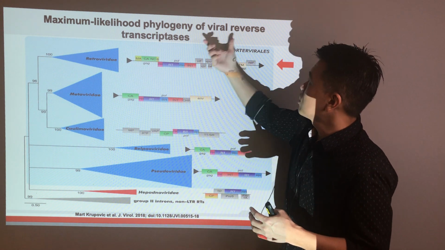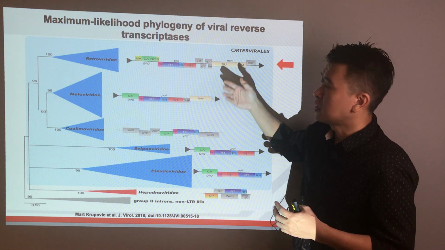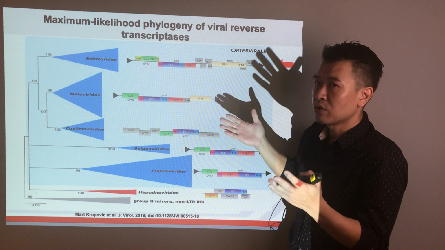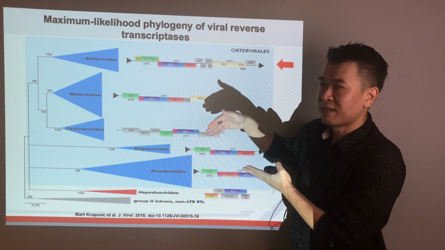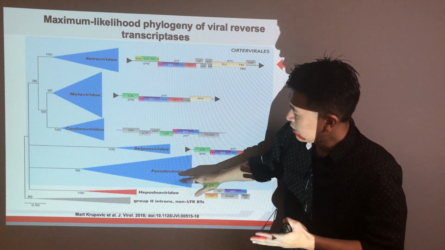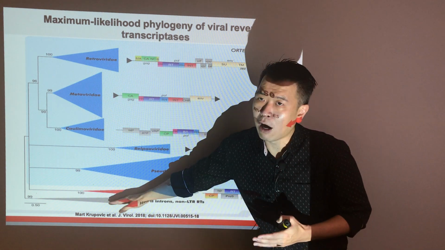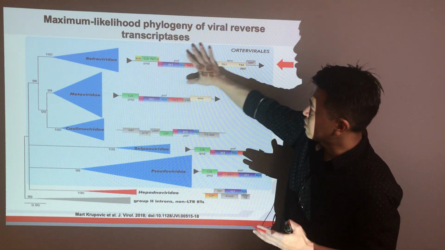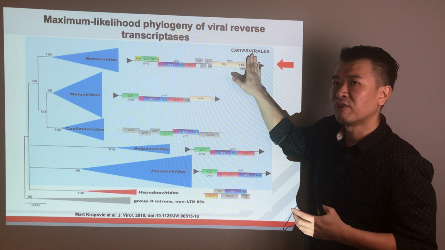So the scientists use the sequence of this enzyme, the amino acid or the DNA or the RNA sequence, to analyze and classify them into specific groups. And what we can see here is the phylogenetic tree, and you can see Hypanaviridae already out from the group, whereas the rest of them are still classified in the same order, which is Ortervirales.